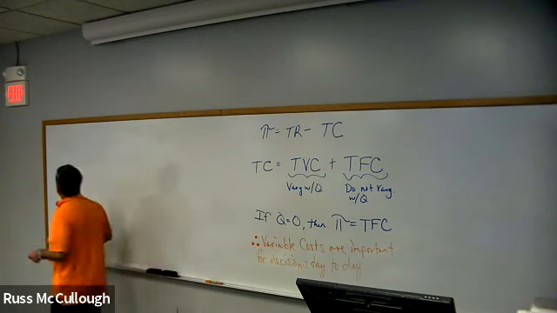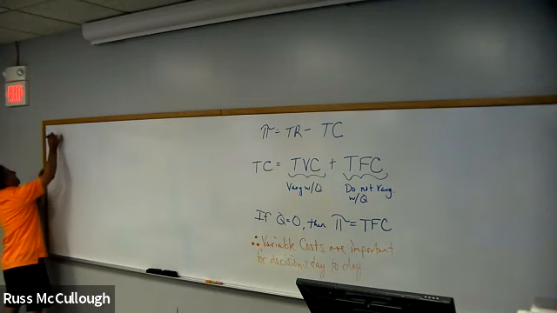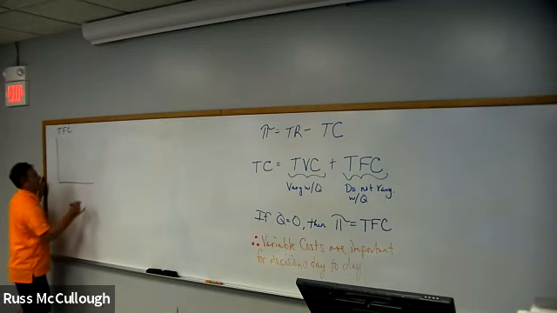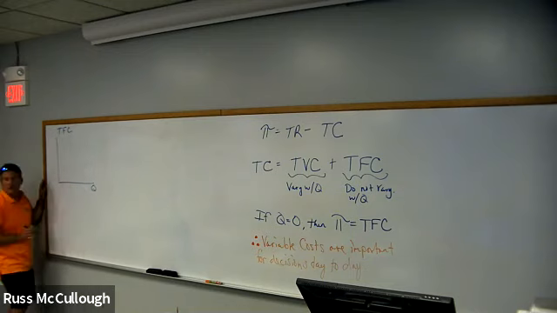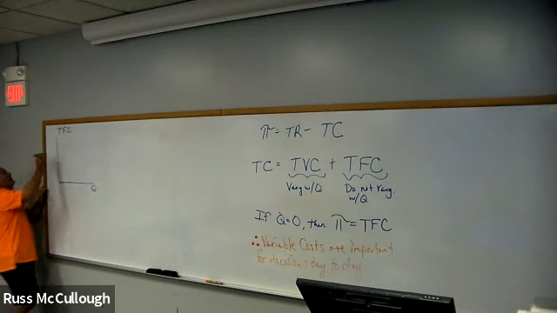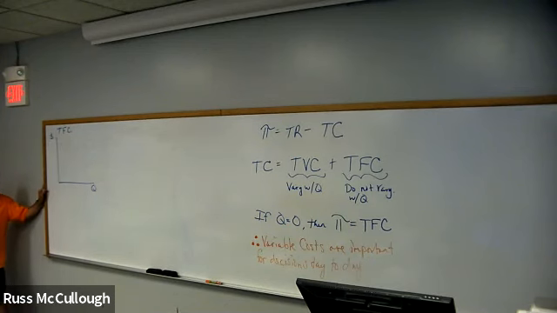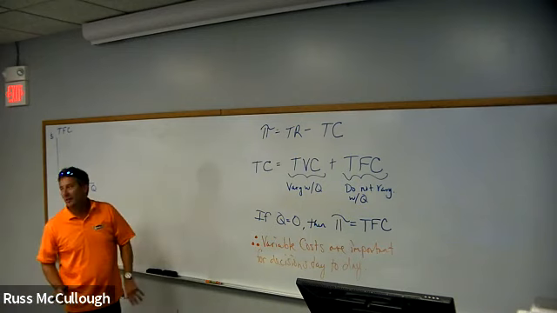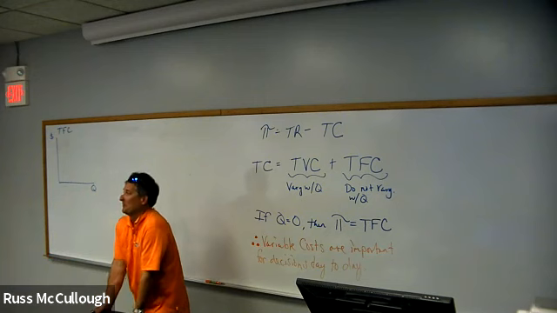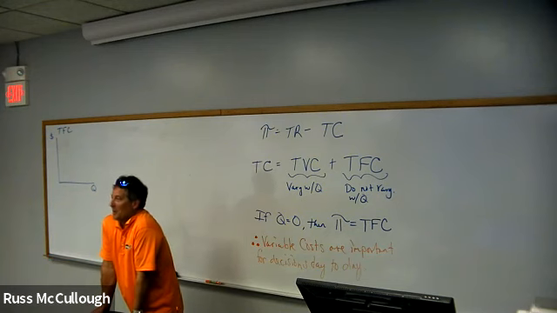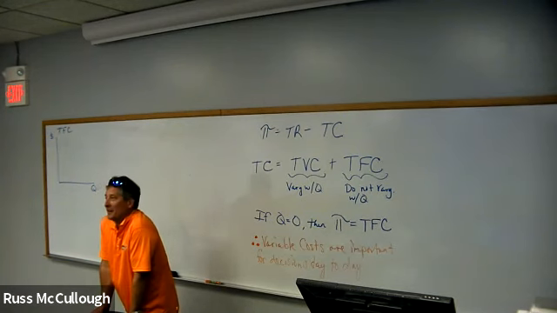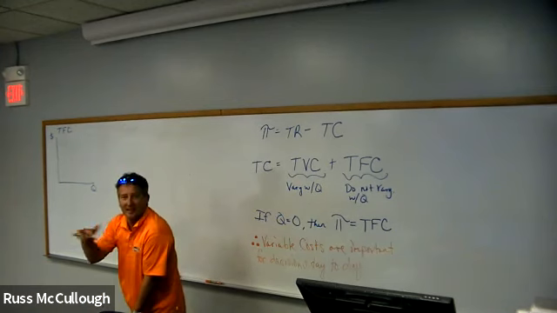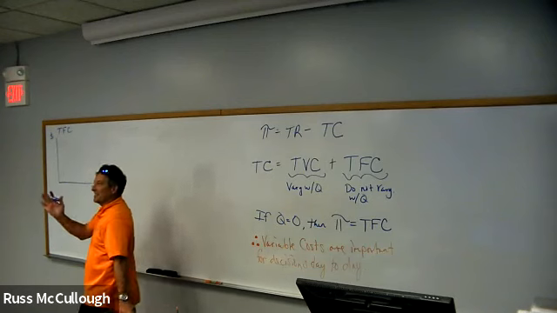So if I was to graph total fixed cost, putting quantity on the horizontal axis and measuring dollars on the vertical axis, what would the total fixed cost curve look like, or the relationship? Kind of a line, horizontal, vertical?